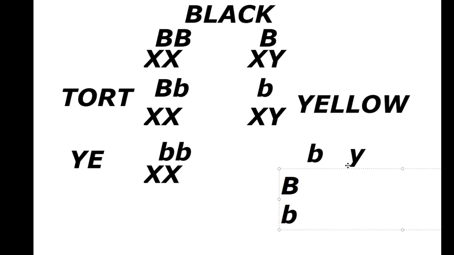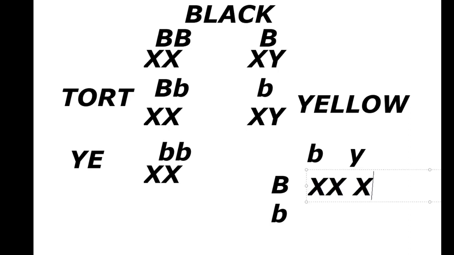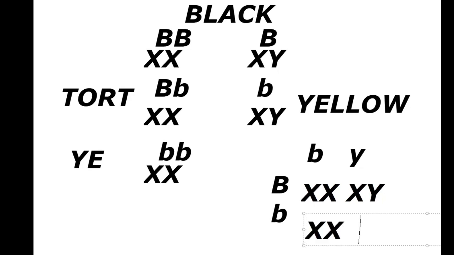All right, so what I'm doing is just pretend there's X's underneath all the B's. So what am I going to have in this box? I'm going to have two X's. In this box, I'm going to put X and Y down below. I'm going to have the same thing down here: XX and XY. All right. So what am I going to have above this? I'm going to have one big, one small here.